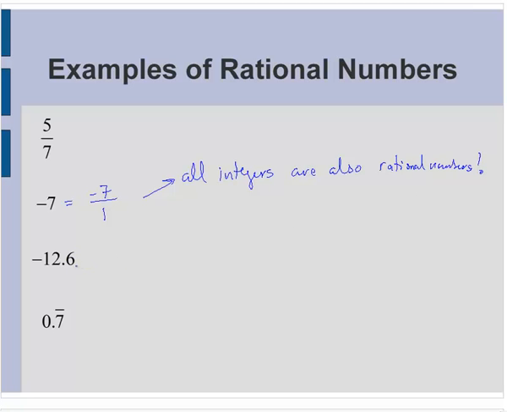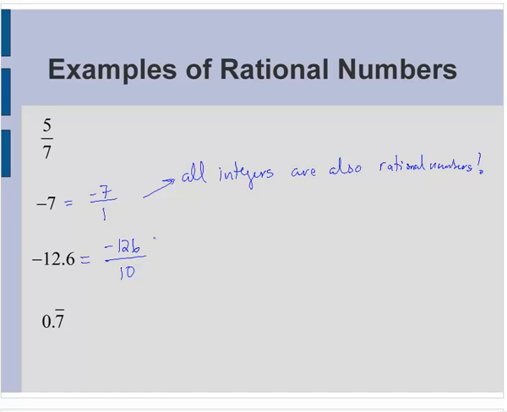Negative 12.6 is a rational number. If you think about what you may have learned in the past about decimal numbers, I could write this as negative 126 over 10. If you go through the division process, you'll find that this is correct. Negative 126 over 10 is negative 12.6.